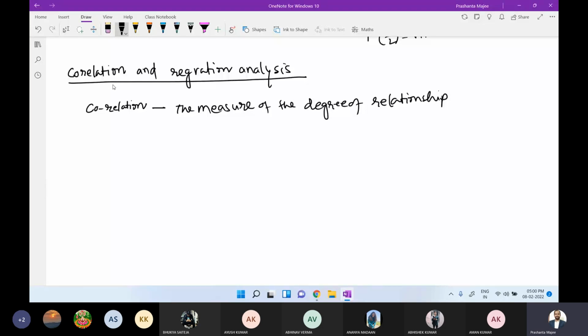I'll explain it line by line. The measure of the degree of relationship between the values of x and y. So that is known as correlation.